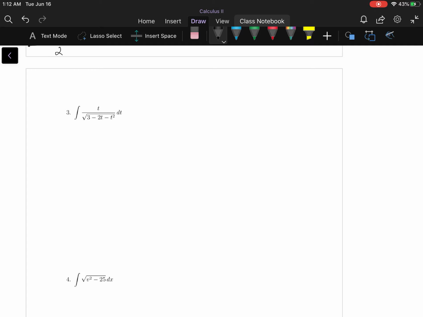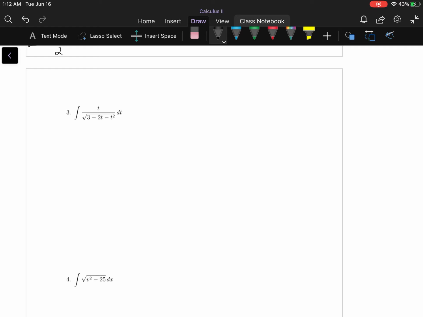This third problem wants the integral of t over the square root of 3 minus 2t minus t squared. At first glance, this doesn't look like it has any of the forms that we want, but maybe if we complete the square, that would be useful.